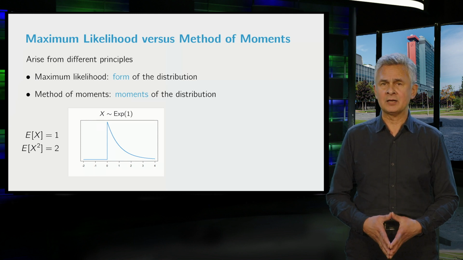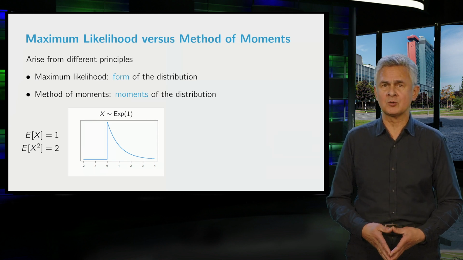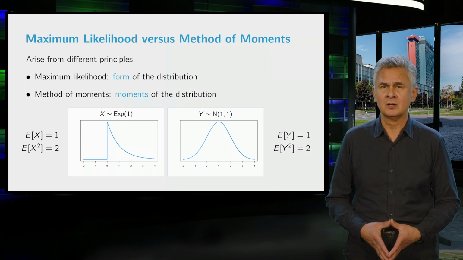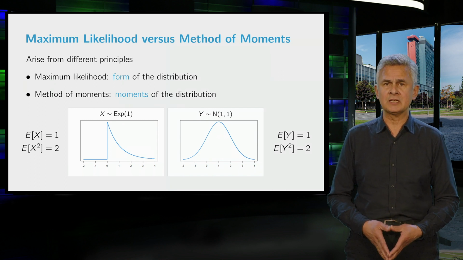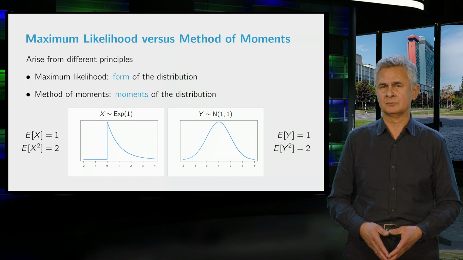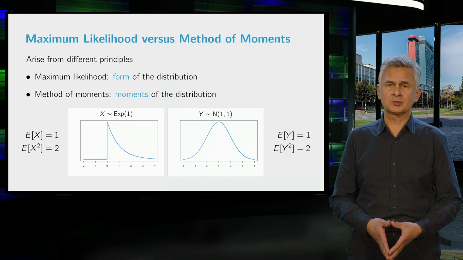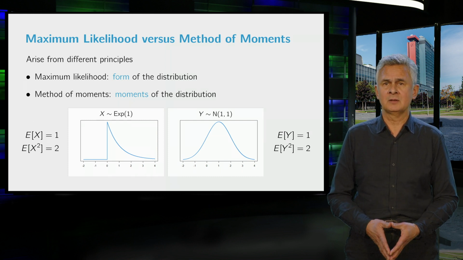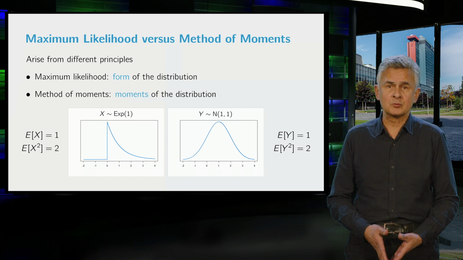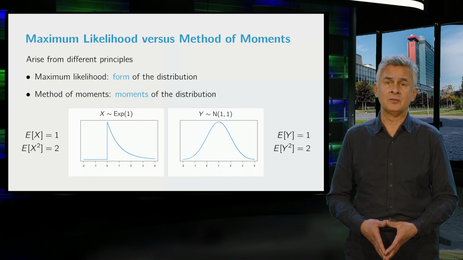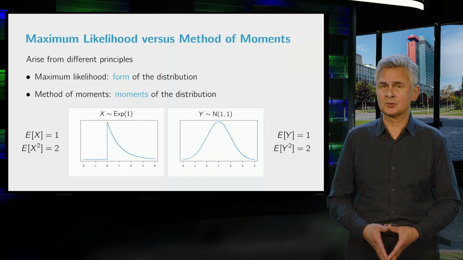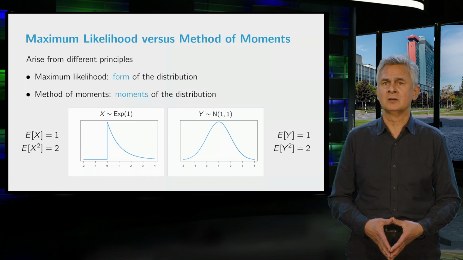And on the other hand, a normal distribution with parameters mu and sigma both equal to 1 also has first two moments equal to 1 and 2. Now, the form of the distributions is completely different, but they have the same first two moments. And therefore, the form of the distribution provides more information than the corresponding moments.